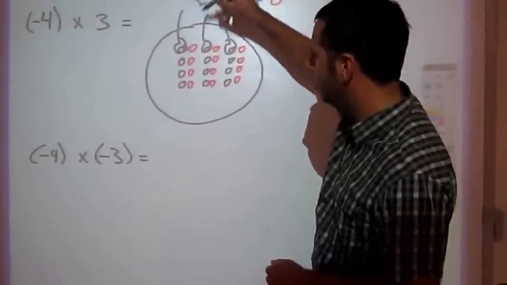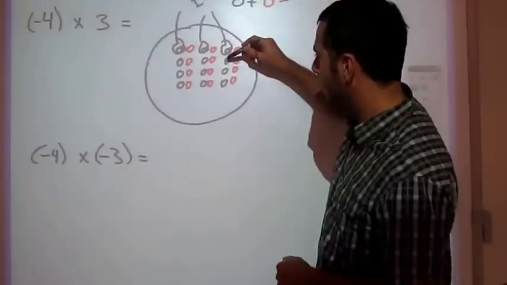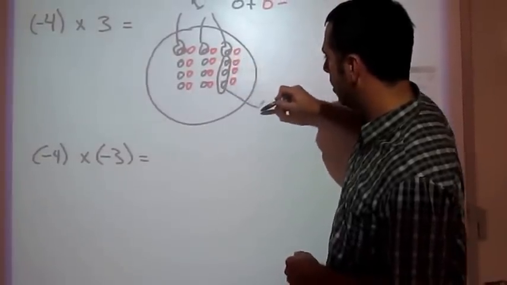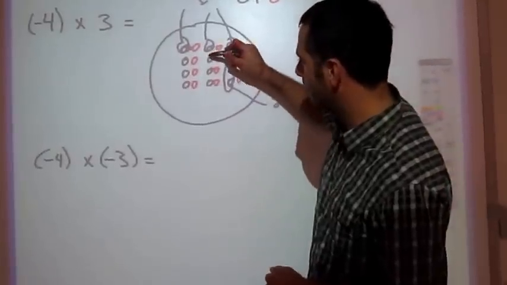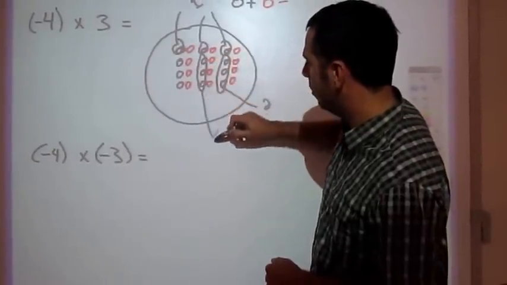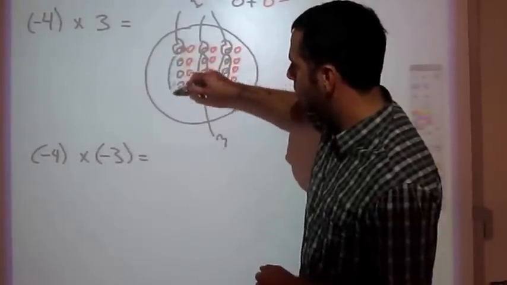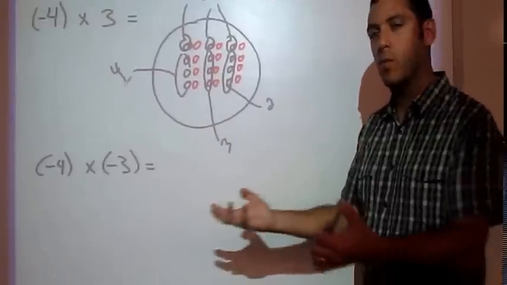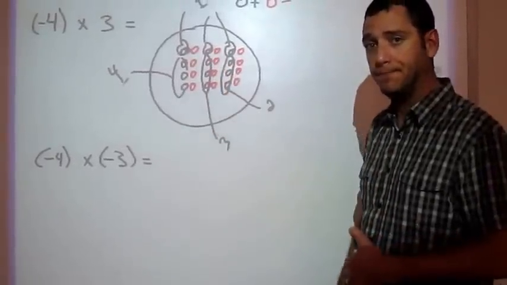That would be 1 set of 3. I'm going to remove this set of 3. That's the second set of 3. I'm going to remove this. That'll be my third set of 3. And I'm going to remove this. That will be my fourth set of 3 that I have withdrawn from my bank.